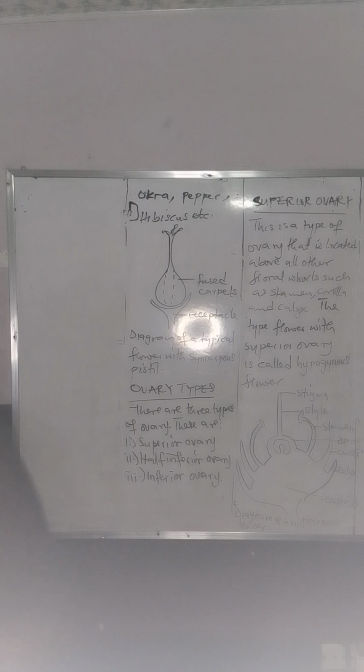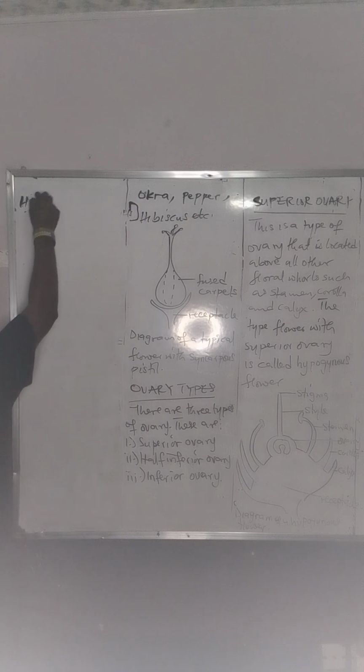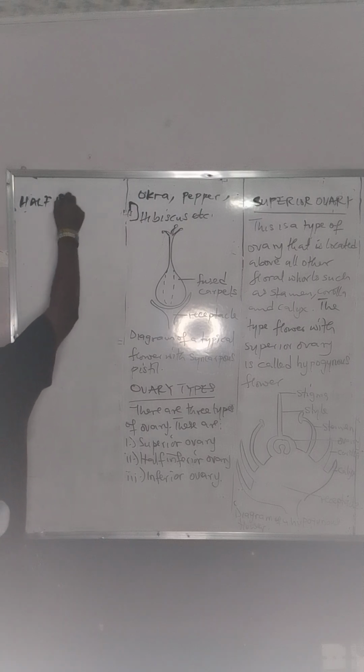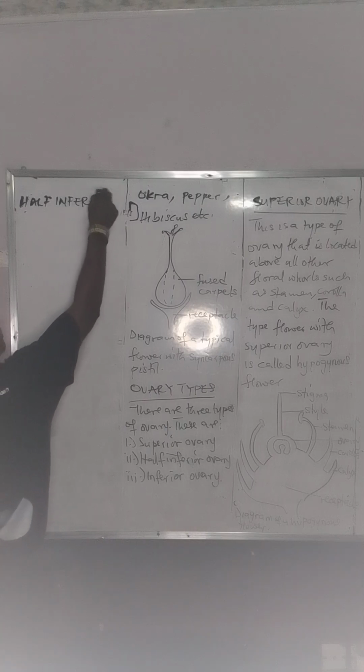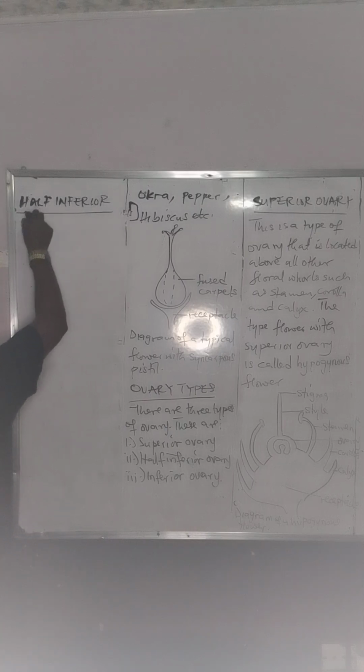The second one is half inferior. It's not totally inferior, but it is half inferior. So it forms the borderline between superior and inferior ovary. So we have half inferior ovary.